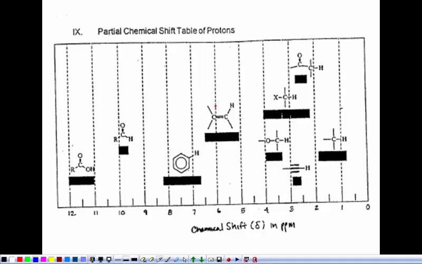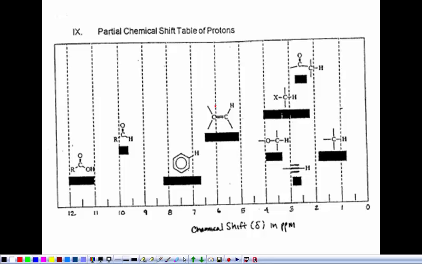Then you run a spectrum of your unknown compound, and from the position of the peak, you go back and it tells you something about the structure of the molecule. So you have to have a correlation table first before you can analyze an unknown compound.